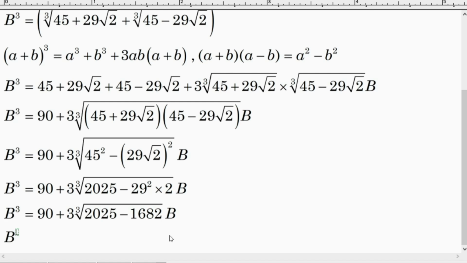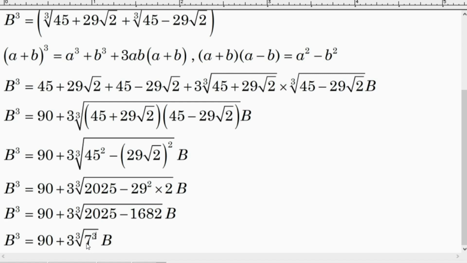B cubed equals 90 plus 3 times the cube root of 2025 minus 1682, which is equal to 343. And 343 is equal to 7 cubed.